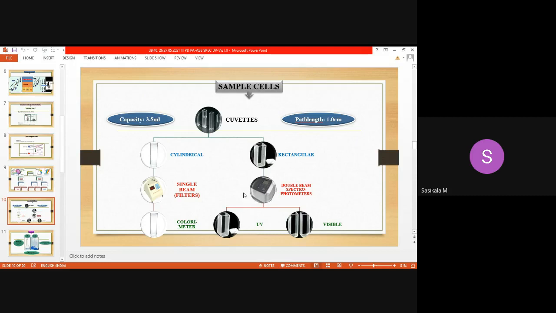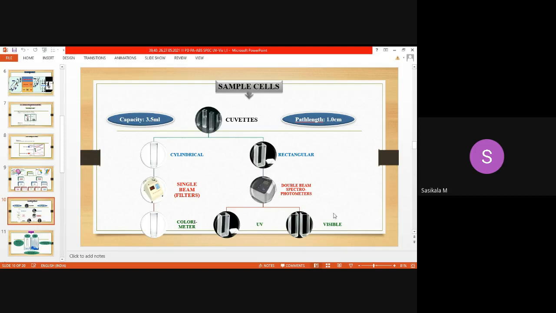We'll be using two types of cuvettes, one made with quartz and another made with glass. The cylindrical one is made with only glass, appearing like a test tube, since it is applicable only for colorimetric analysis, visible spectrometric analysis. Colorimetry is otherwise known as visible spectroscopy.